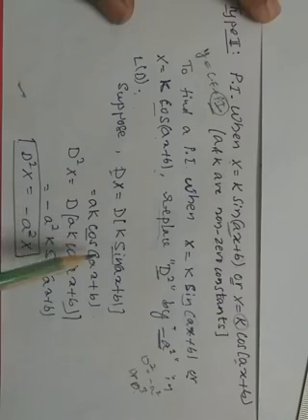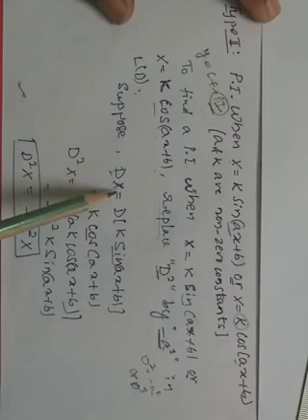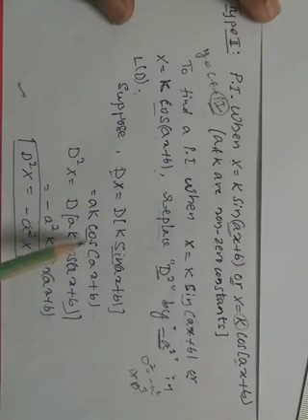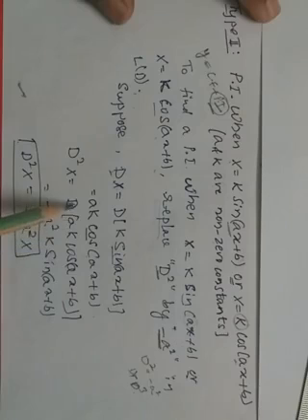So let us differentiate this once again, that is, two times the differentiation of X. We differentiate d of a k cos(ax + b).